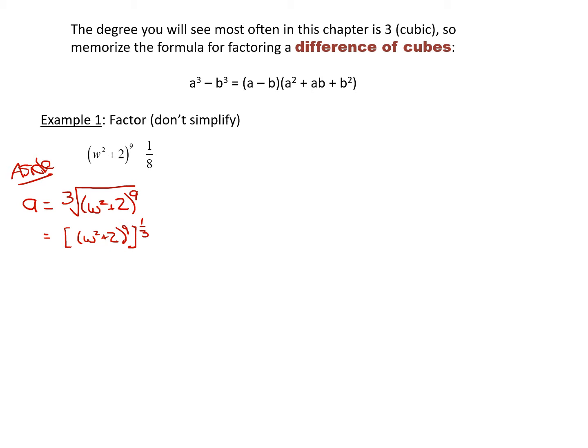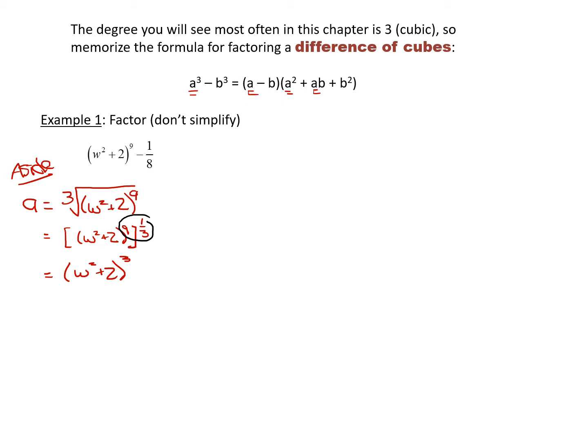I take these two exponents and multiply them together and they turn into a 3. That means my a value is w squared plus 2 to the power of 3. That's what I'm going to sub in here. I'm going to underline at the top. Everywhere there's an a, I'm going to sub in w squared plus 2 to the power of 3. So we'll do that next.